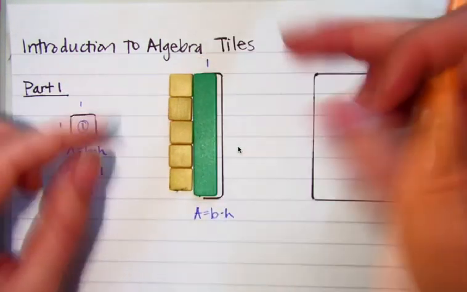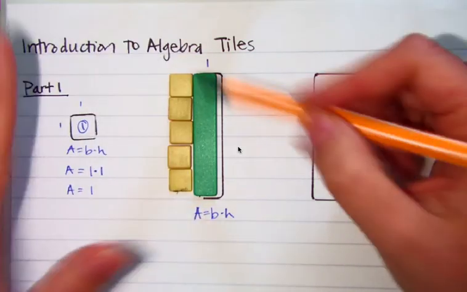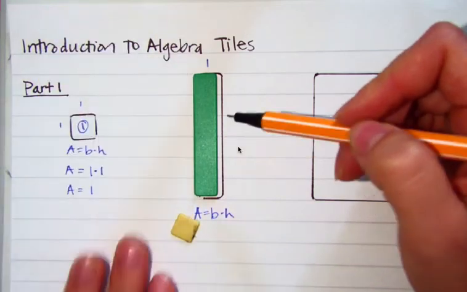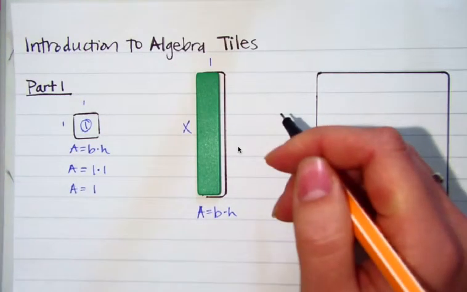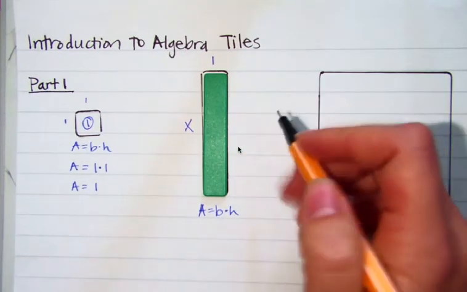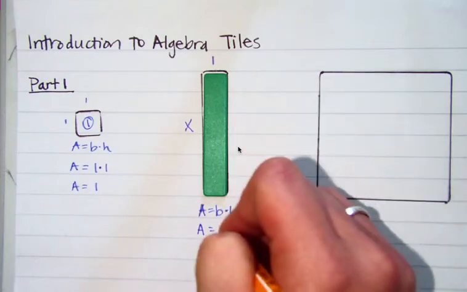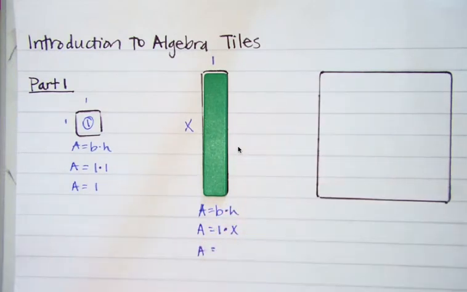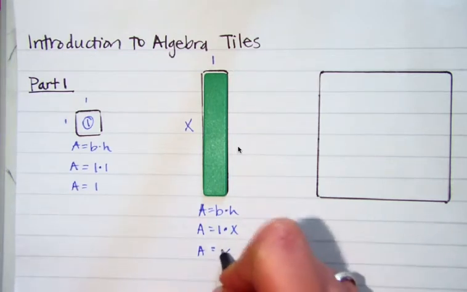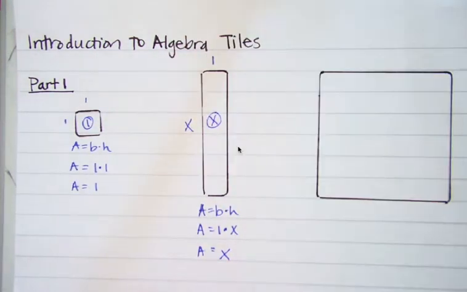We end up having a little left over here, meaning we don't know exactly what the height is. So we're just going to call this x. We're not sure, and it's just better to call this a variable standing for an unknown. So the base is 1, the height is x. When you do 1 times anything, you always get that same number or variable back, meaning that we can just say that this is x, and therefore this is called an x piece.